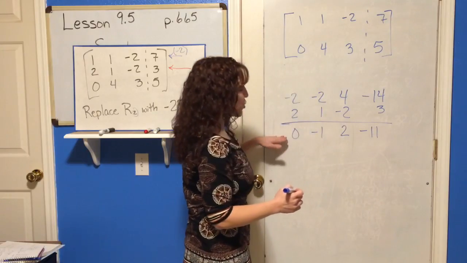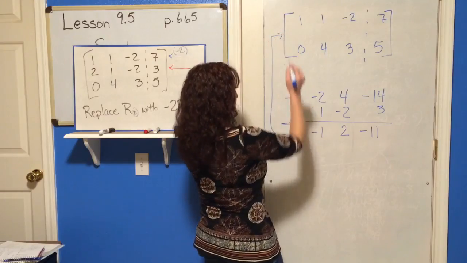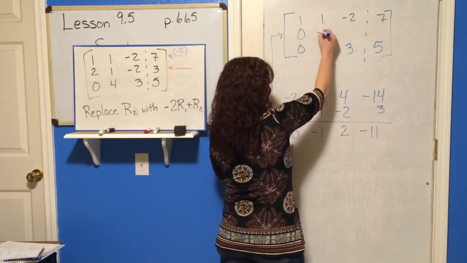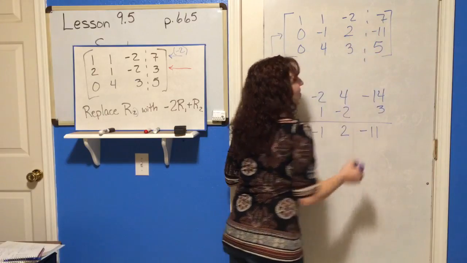So this is the answer you're looking for. You're going to put that in right there. So 0, -1, 2, -11.